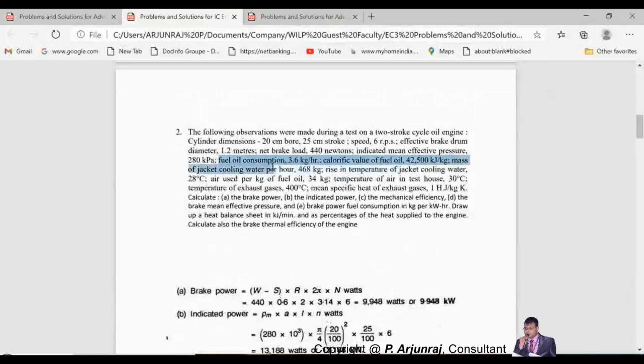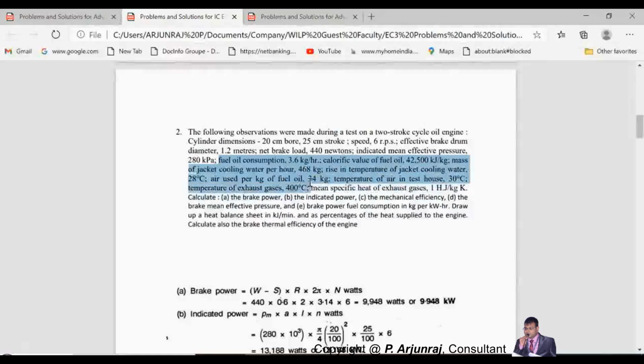They also gave the mass of cooling water in the jacket as 460. The rise in temperature of the cooling jacket is 28 degrees, which is nothing but delta T. The air used per kg of fuel is 34 kg. In the last problem they gave the air fuel ratio; now they gave the value directly. The temperature of the air during the test is 30 degrees, and the exhaust gas temperature is 400 degrees Celsius.